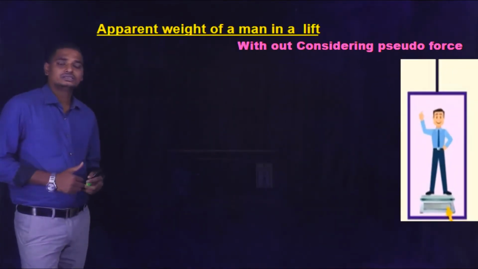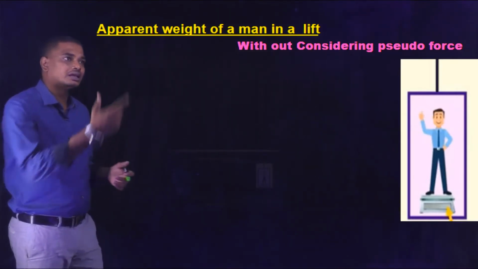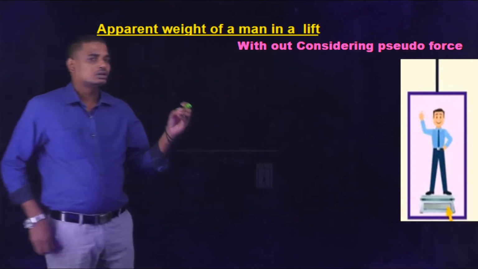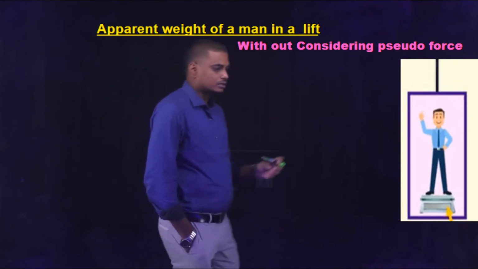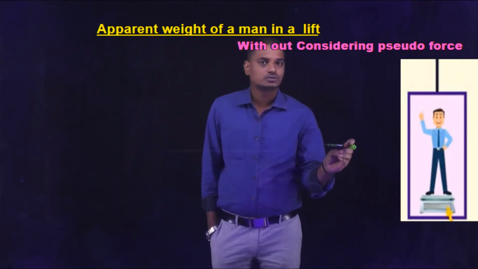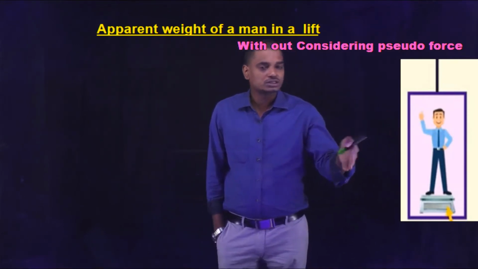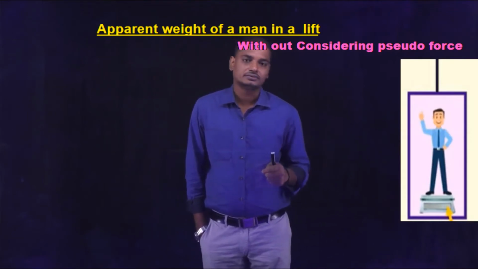Now let us see the case to calculate the apparent weight of a man in a lift without considering the pseudo force. That is, the apparent weight of the man in the lift is seen by an observer, a person who is outside the lift, or stationary.